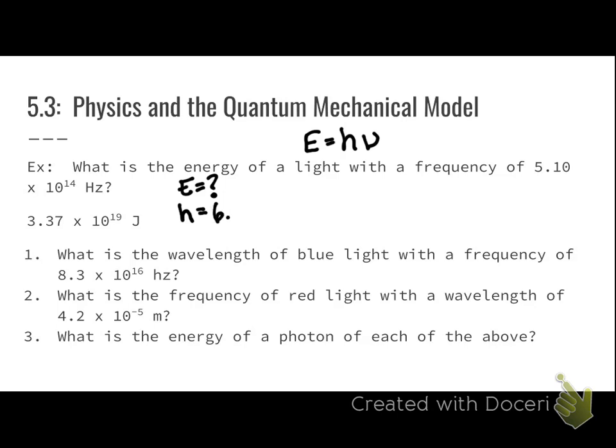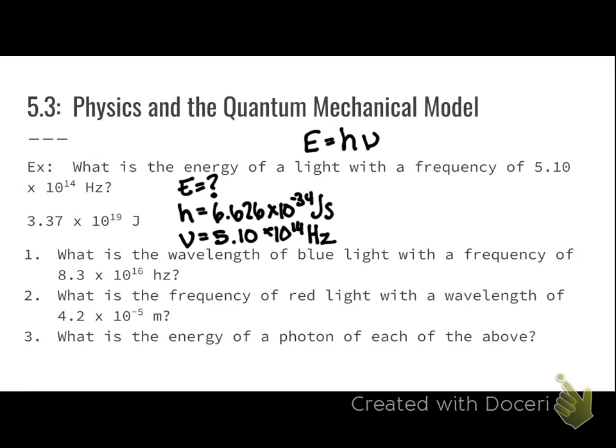So we can record that as 6.626 times 10 to the negative 34th joules times seconds. And in this problem, we were given our frequency, which is 5.10 times 10 to the 14th hertz.